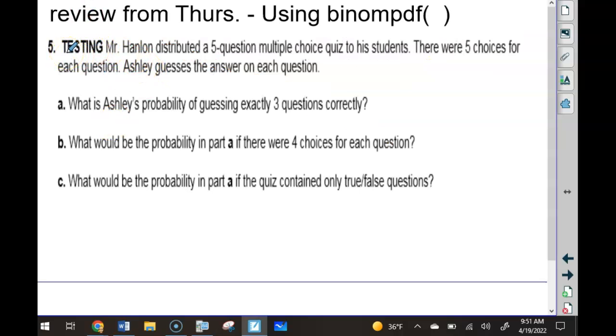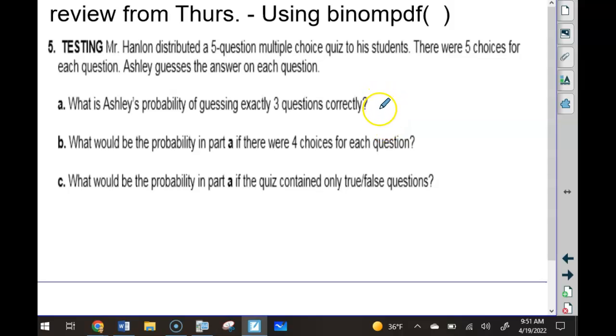All right. It says Mr. Hanlon distributed a 5-question multiple choice quiz to his students. There are 5 choices for each question. Ashley guesses the answer on every question. What is Ashley's probability of guessing exactly 3 questions correctly?